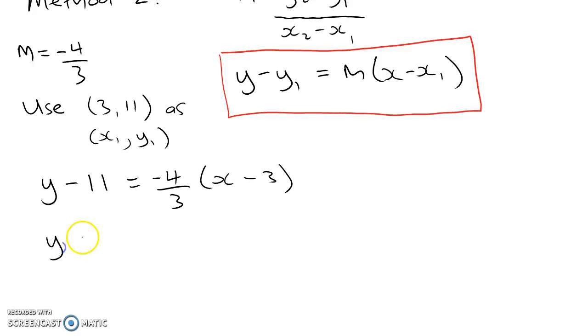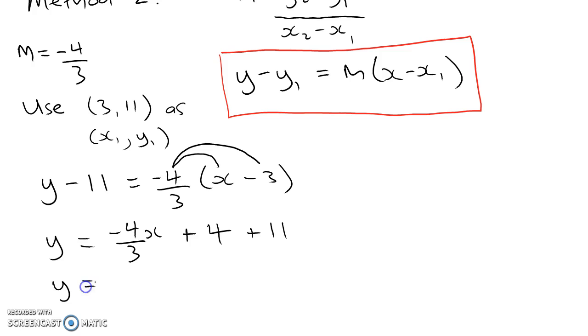So we'll get y equals minus 4 over 3x plus, so we're doing minus 4 over 3 times minus 3. So these 3's are actually going to cancel here. So we'll get plus 4, because we've got two negatives there. Negative times a negative becomes a positive. And then we've also got this negative 11 here that I need to bring over. I can't ignore that. So that's going to become plus 11.